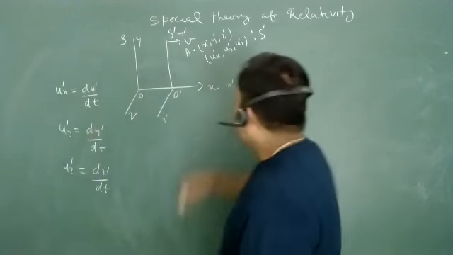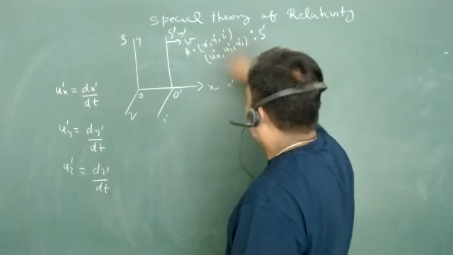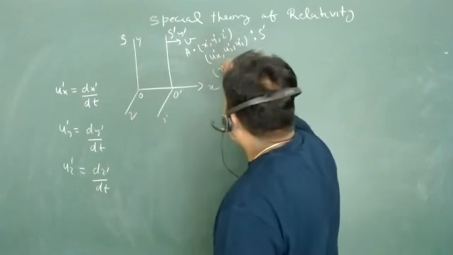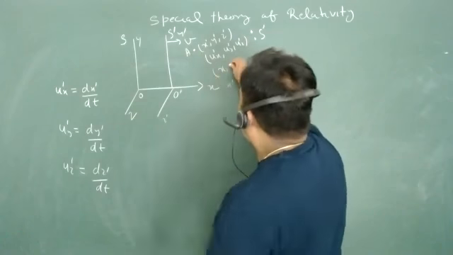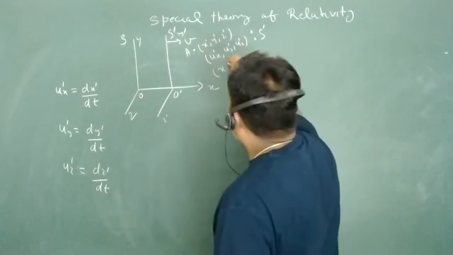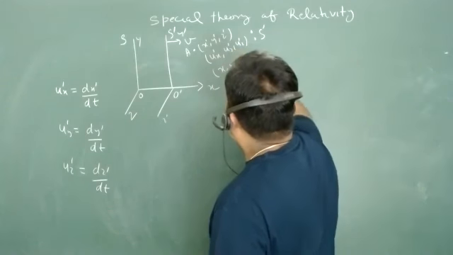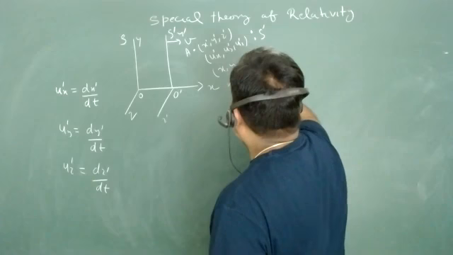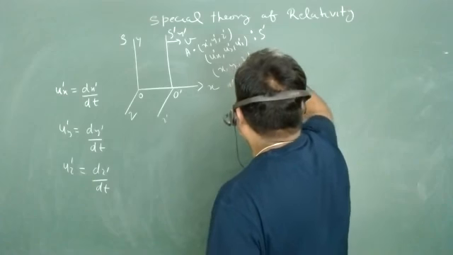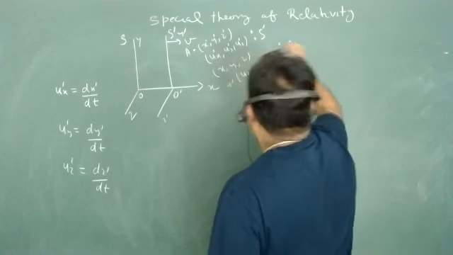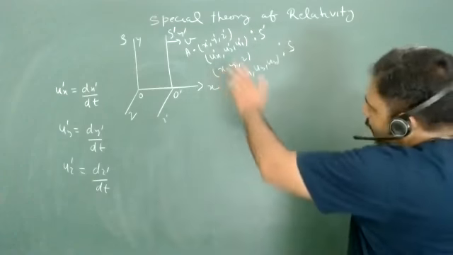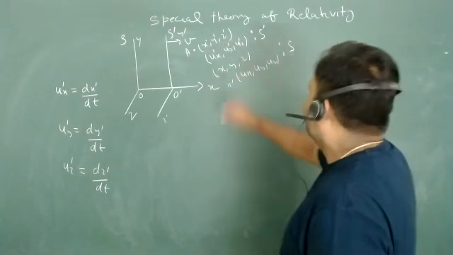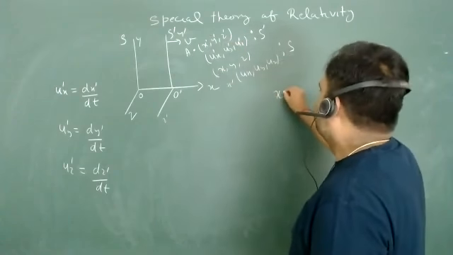Now, what will be the speed of this point with respect to S? With respect to S, this coordinate after time t plus dt is something like x, y, z, and this will be ux, uy, uz, with respect to S. And we have the relationship between S and S dash after time t, given by the inverse Galilean.